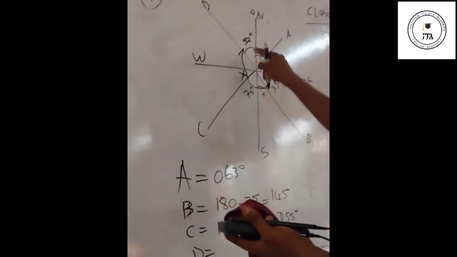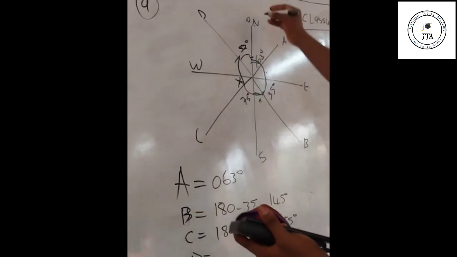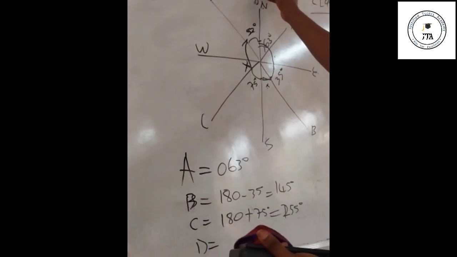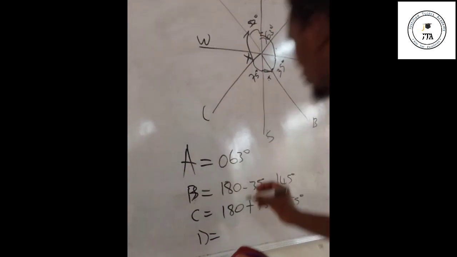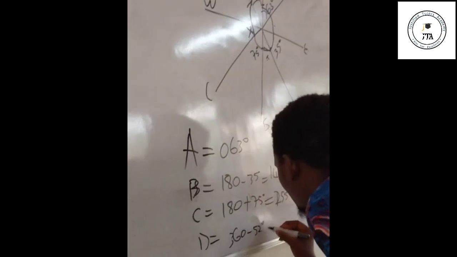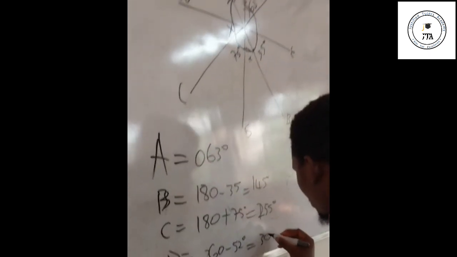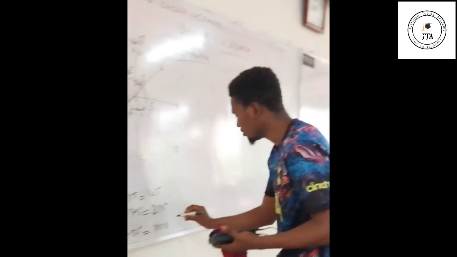Instead of wasting your time adding, since we know that here is 360 degrees, just do 360 minus 52 to get our final answer. That will be 360 minus 52 degrees equals 308. And that's it. So that's how you do it.